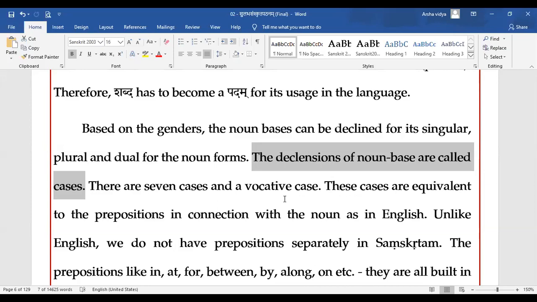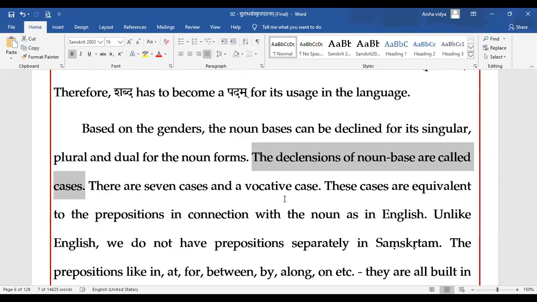And there are 3 vachanams: singular, dual, and plural. Right? Singular, dual, and plural. And 7 plus 1 cases. The 1 case is the vocative case. I said it is calling, addressing. Hey Rama, oh Rama, please come here. That's called vocative. So 7 plus 1, 8 cases are there, and 3 vachanams are there.